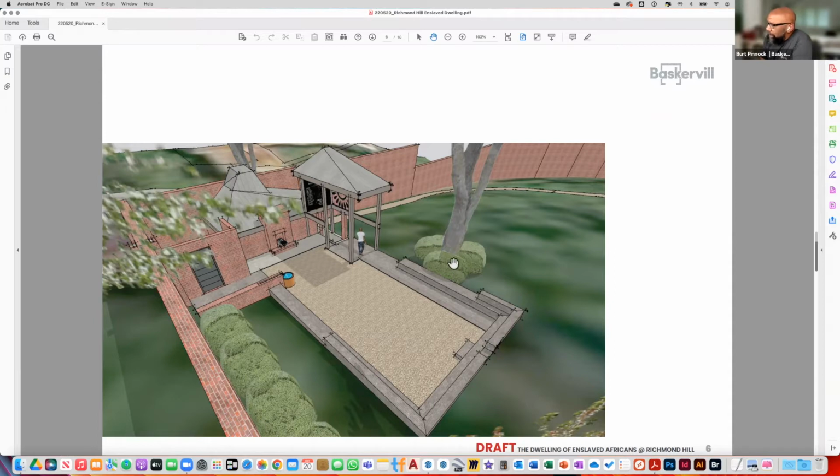The existing, I think it's an oak that is right here, right, to give you sort of a point of reference, I think. So maintaining, obviously, the character of the landscape that surrounds this, but certainly making more space for this structure.